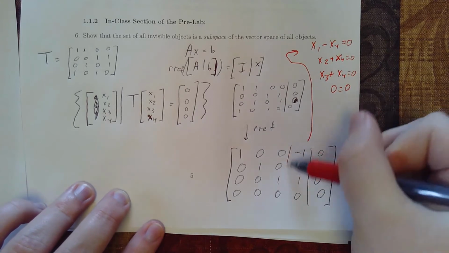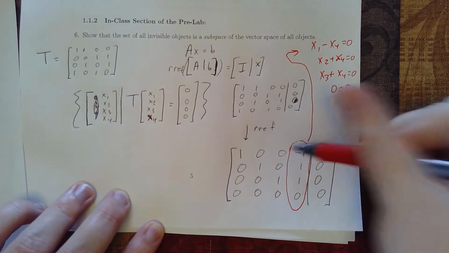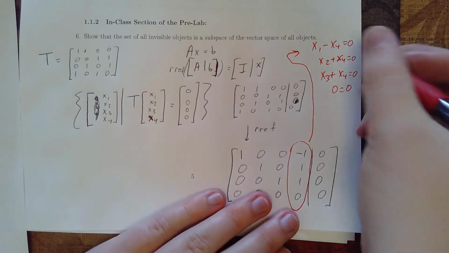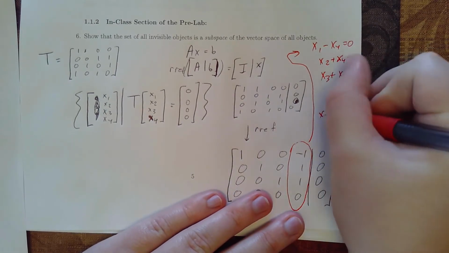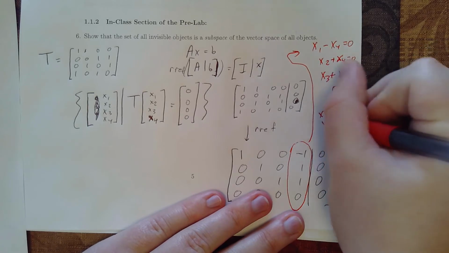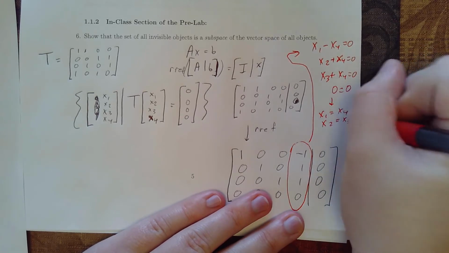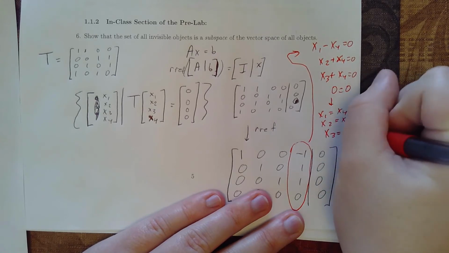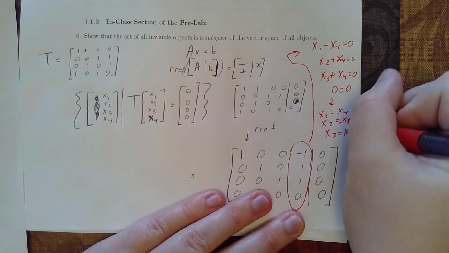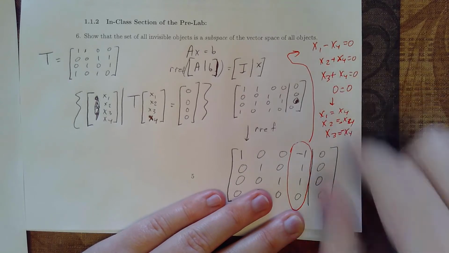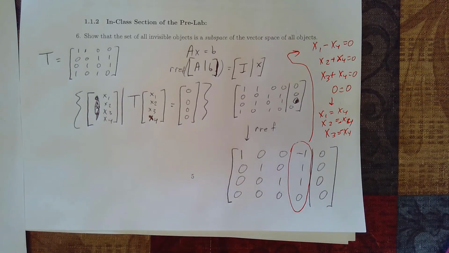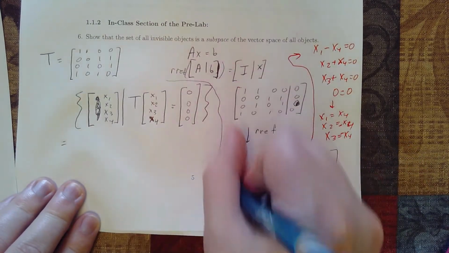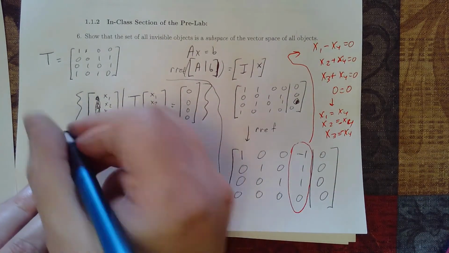We do have a free variable because there is no leading 1 in that column, which means we have infinitely many solutions. So we can rewrite this as x1 equals x4, x2 equals negative x4, and x3 equals negative x4, since we're subtracting over. We can take this and rewrite the set we started with, to figure out what this condition was supposed to be.